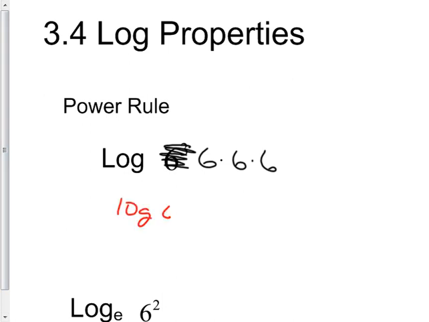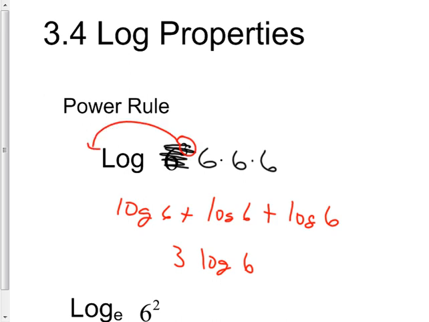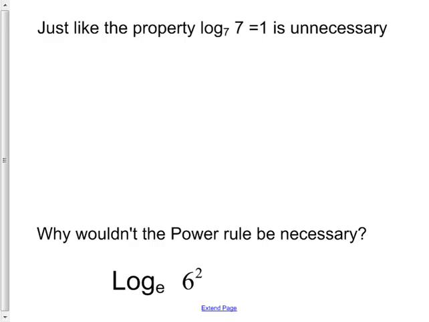So this would be log 6 plus log 6 plus log 6. You get that? When you add those all up, do you see that you get 3 log 6? That's why it's okay to take that 3 there, plop it in front. Okay? All right, moving on.